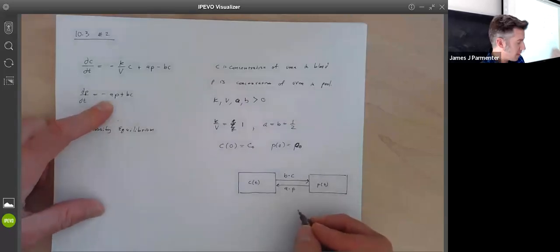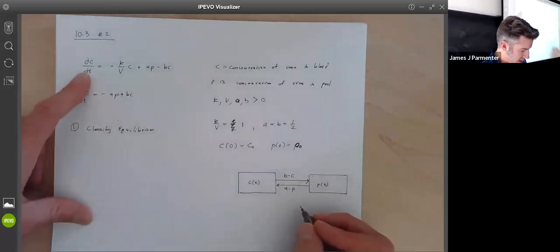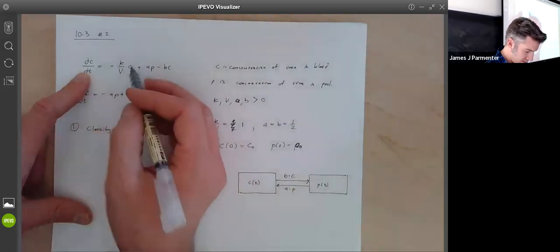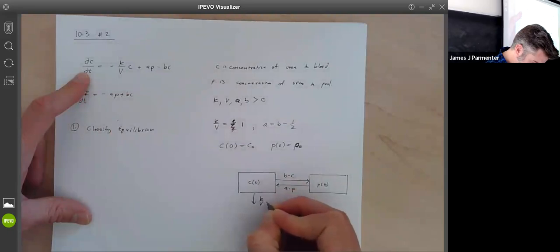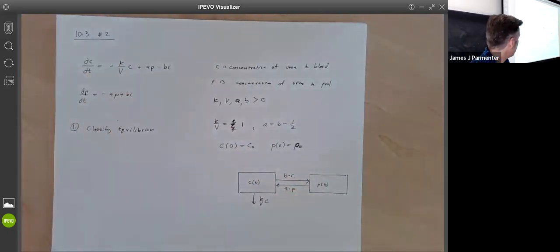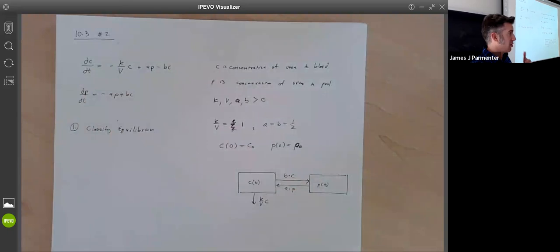And then additionally, for dC/dt, you are losing this k over v times C. So that would be the compartment diagram for this. Really, the compartment diagram is just arrows going in means you're adding those things in, arrows going out means you're subtracting those things out.